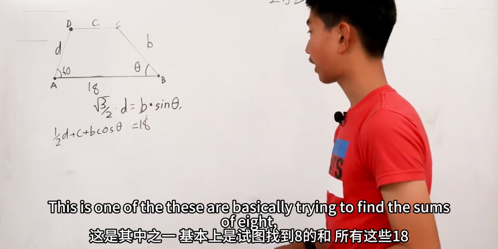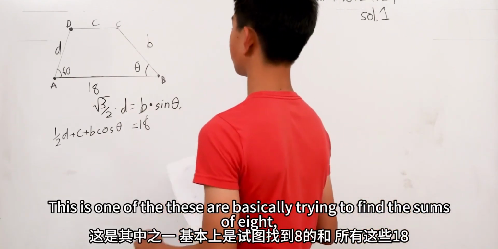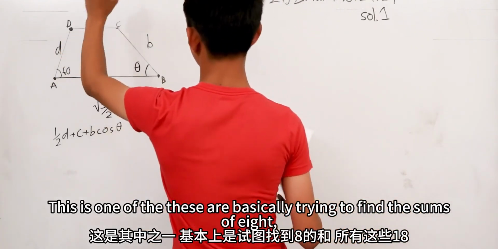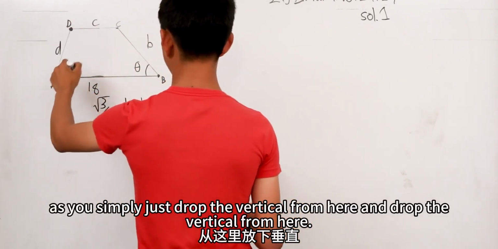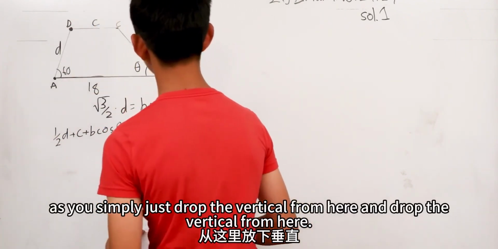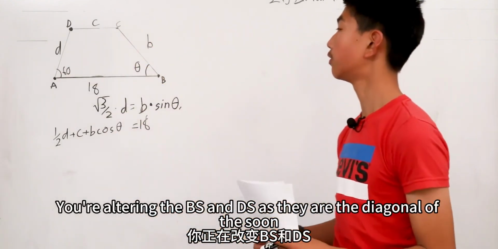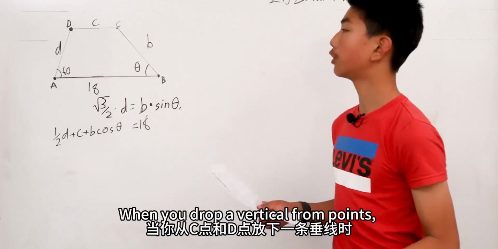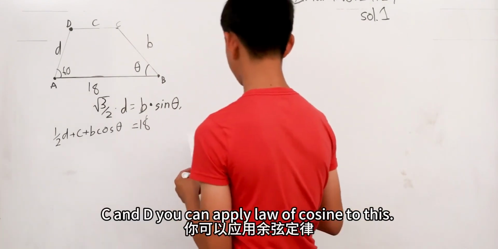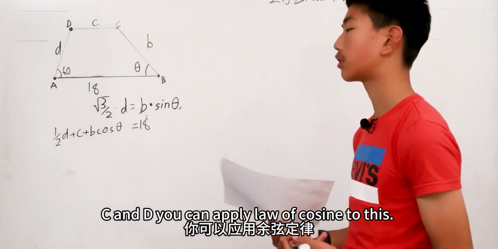These are basically trying to find the sums of all these 18s, as you simply drop the vertical from here and drop the vertical from here. So you're altering the b's and d's as they are the diagonals of the triangles that you form when you drop a vertical from points C and D. You can apply law of cosines to this.